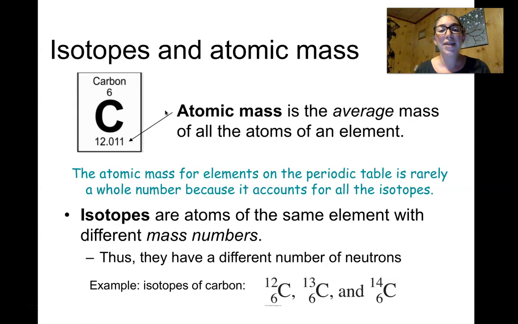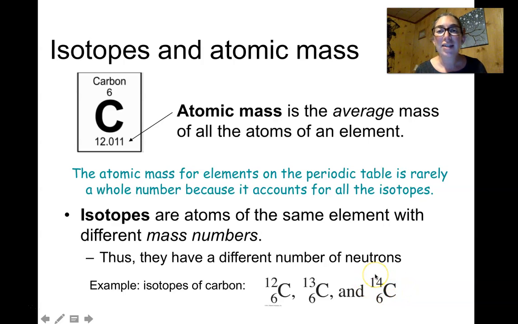An isotope is an atom of the same element that has a different mass because it has a different number of neutrons. So for carbon, for example, the one we looked at before was what we call carbon-12. It has a mass number of 12, and it has 6 neutrons. But carbon-13 also exists. It has 7 neutrons.